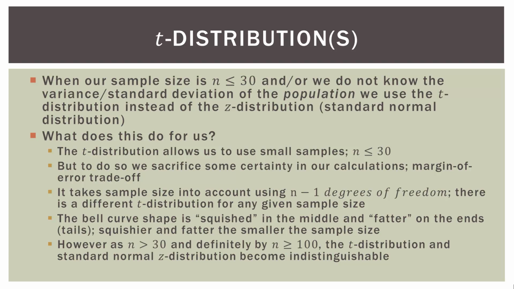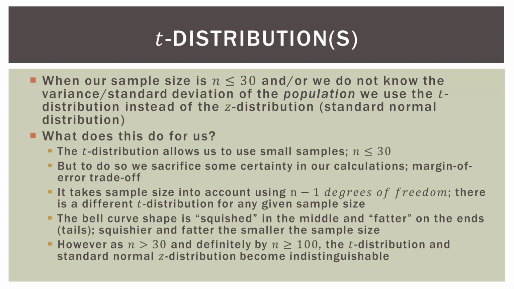And again, this goes to the fact that sample size has an element of diminishing returns in it. Once our sample size becomes sufficiently large, there really is no practical difference between the t-distribution and the z-distribution. It's only when the sample size is low, below 30, and/or we do not know the variance and standard deviation of the population, which is almost always the case.